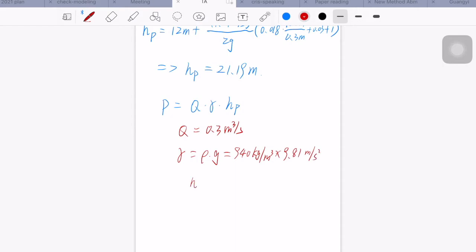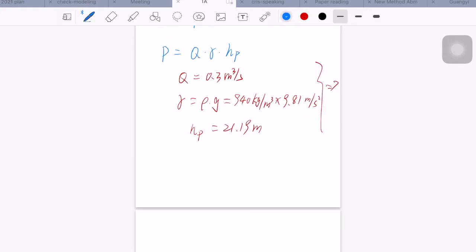And we know the HP is 21.19 meters. So we can determine that the pump power should be equal to 58.6 kilowatts.